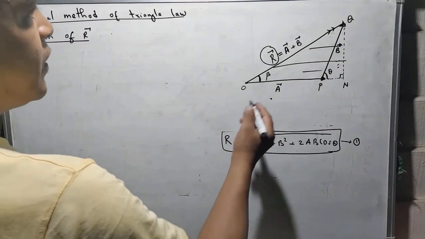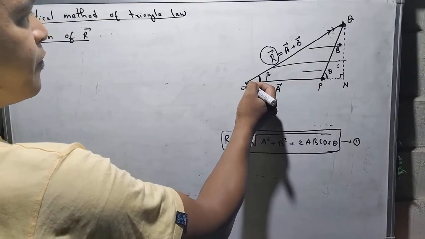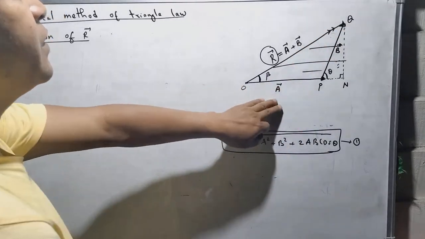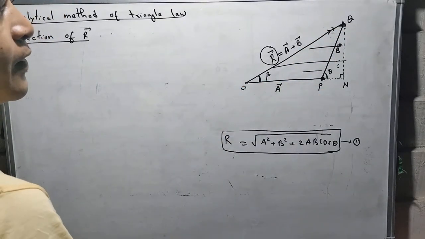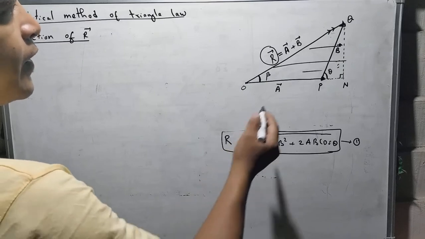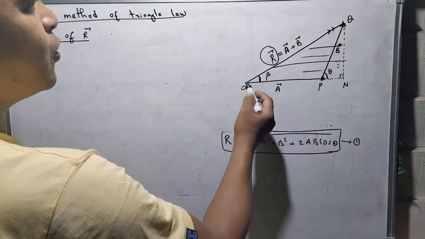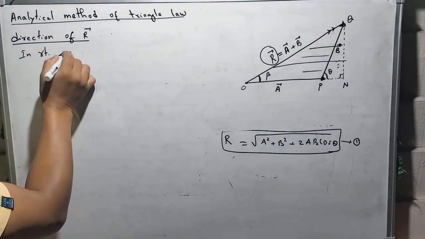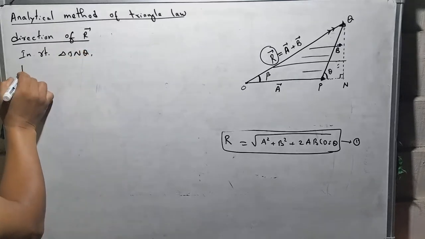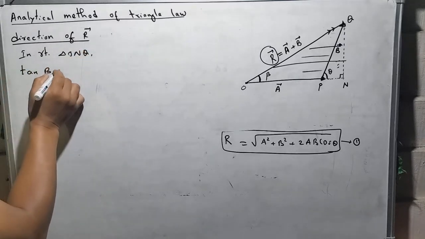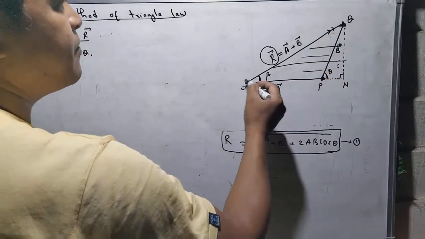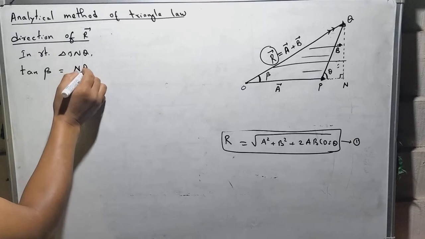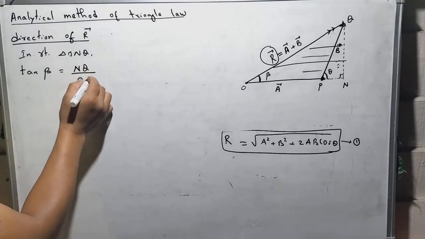If beta is the angle made by the resultant vector R with respect to the vector A, then again in this right angle triangle ONQ, if you take tan beta, we know tan is perpendicular by base. So perpendicular is NQ, base is ON.